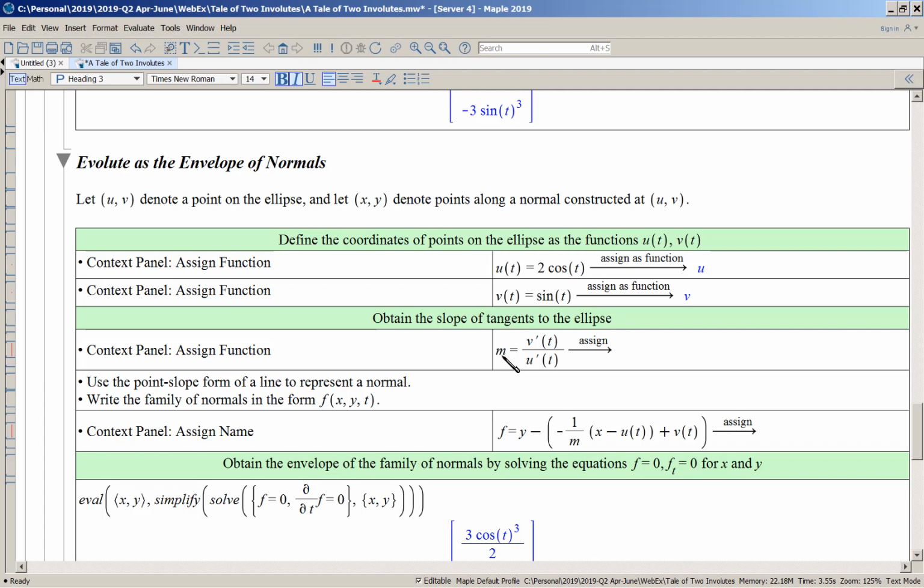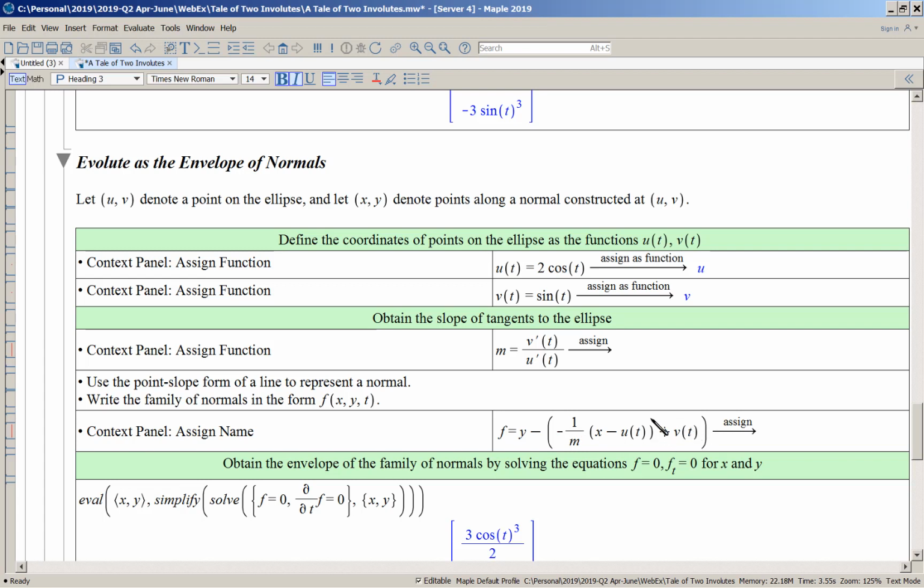Then I can write the equation of a normal line. You see the minus 1 over m, so the negative reciprocal of m, times x minus the x coordinate of the point on the ellipse, and this is the y coordinate, y minus. I brought everything over to one side. This function is a function of x, y, and t, the parameter t.